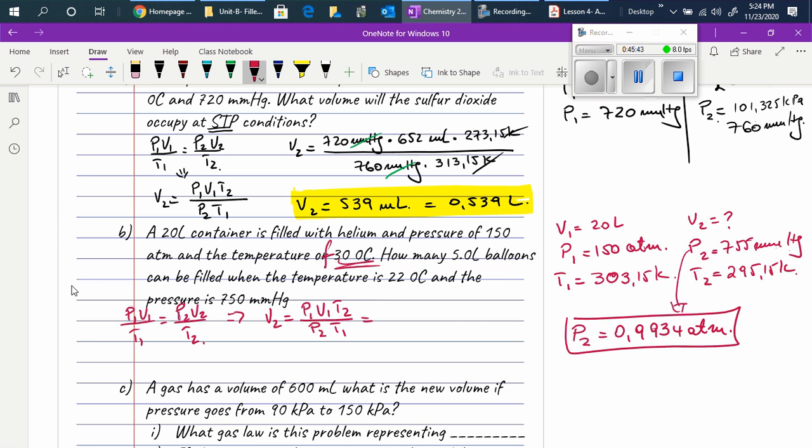After substituting everything, with the pressure in atmosphere, we will have 2,940 liters. Now, if each balloon is able to carry 5 liters of gas, then with 2,940 liters, one balloon is able to carry 5 liters, so liters per liters is cancelled out, then you are able to fill 588 balloons.